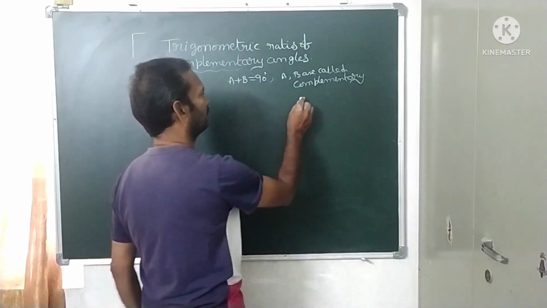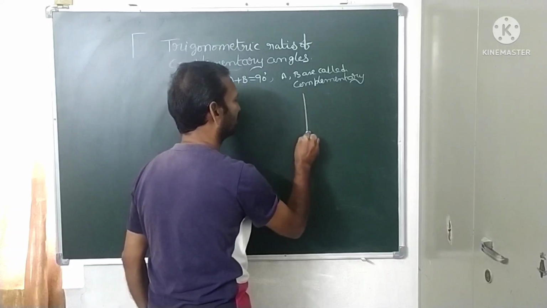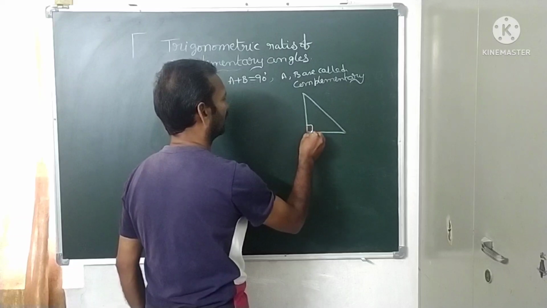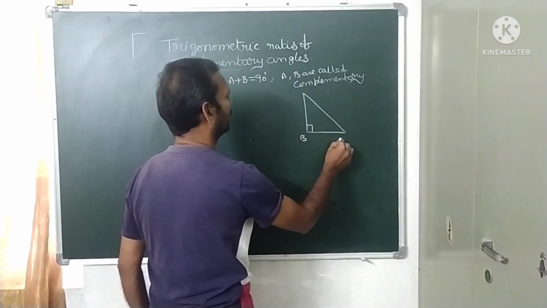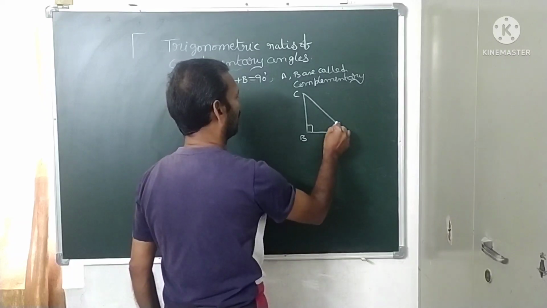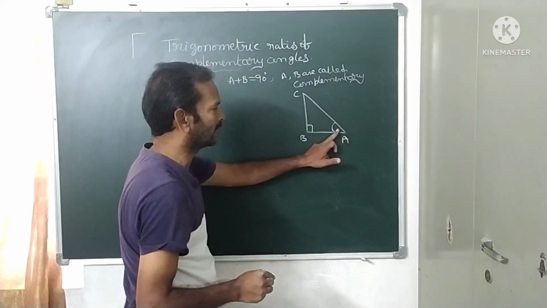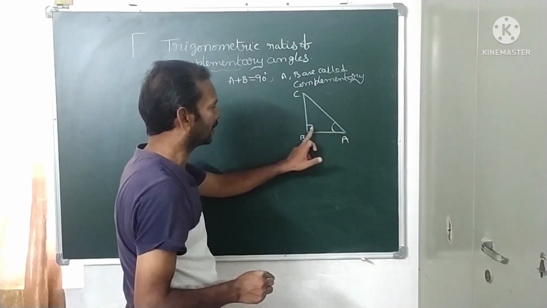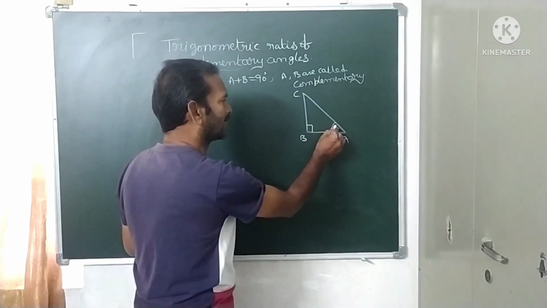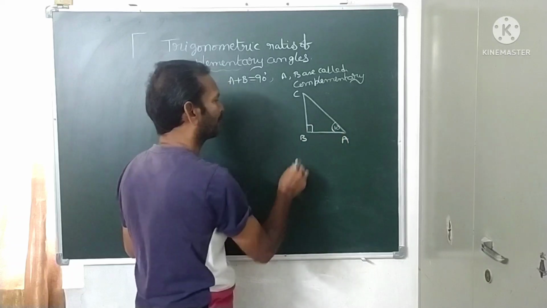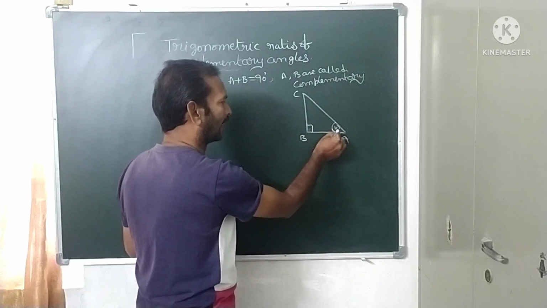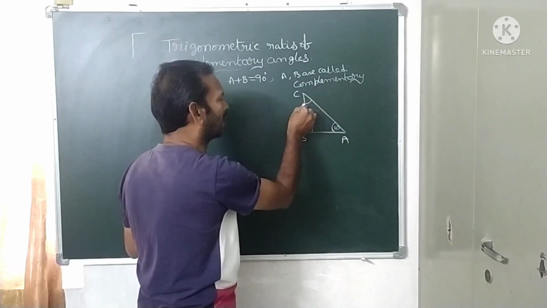Now, you see here, right angle triangle BAC. This angle is A degrees. This is 90. Then how much is this one? Suppose this is 10 degrees. Then this one is 80.